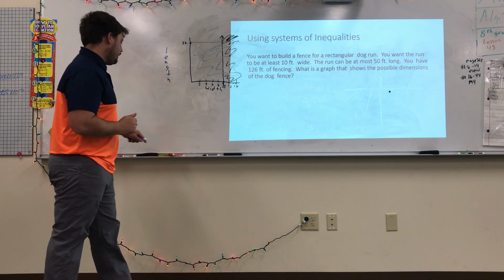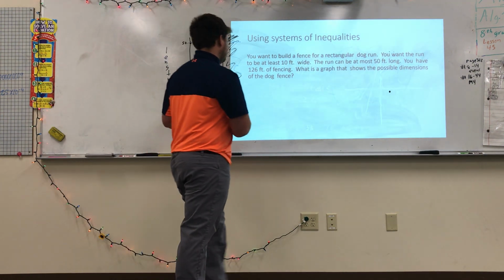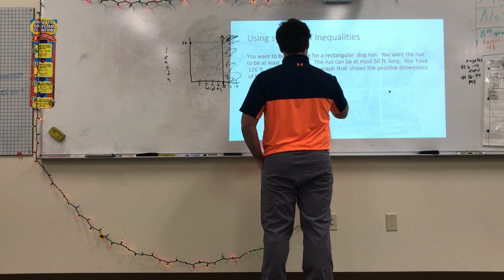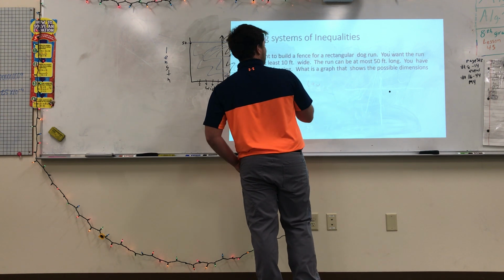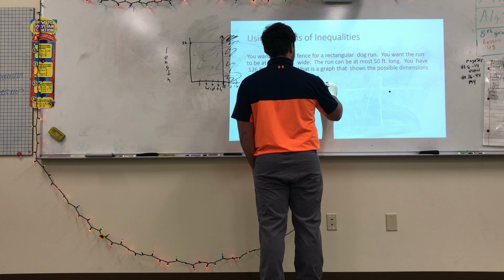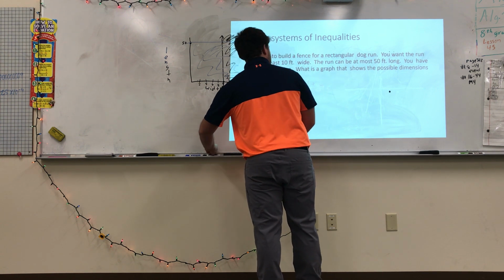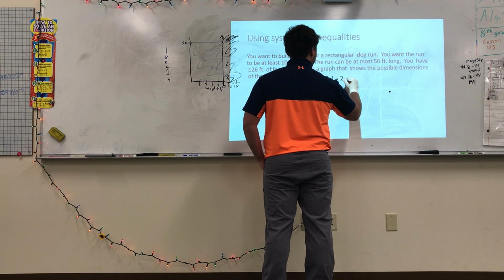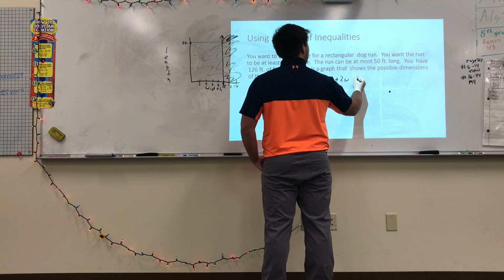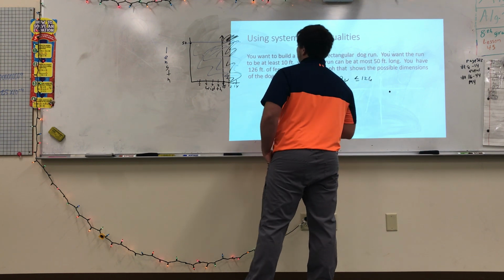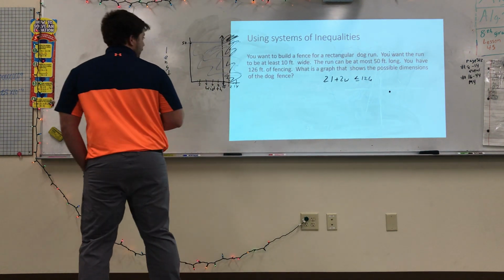So, now I've created that, but the thing is, length plus width, which to get the perimeter, because we were looking at perimeter, 2 and 2. Alright, 2L plus 2W will give me my perimeter. Well, we were told that at most you can have is 126 feet of fence. Okay?